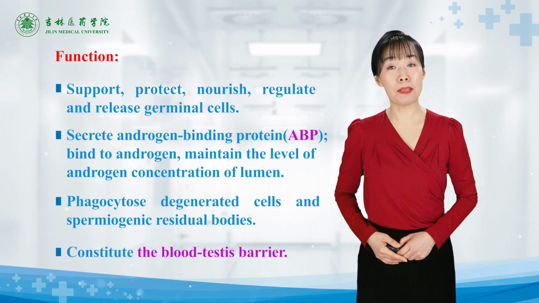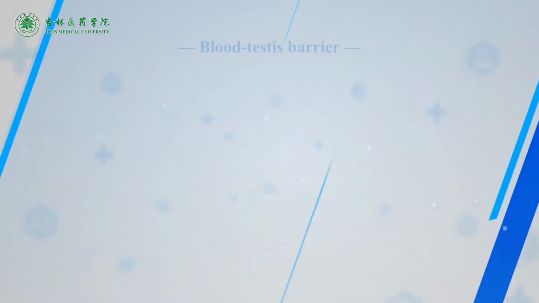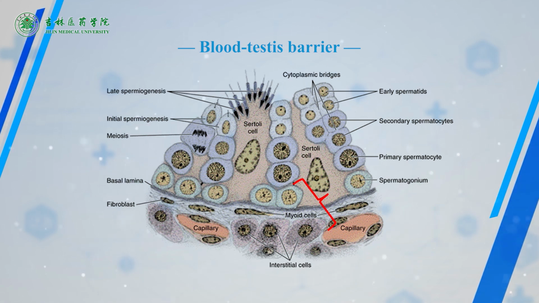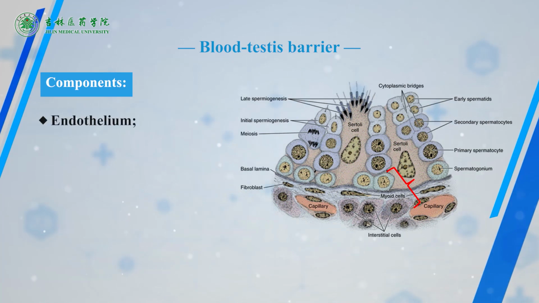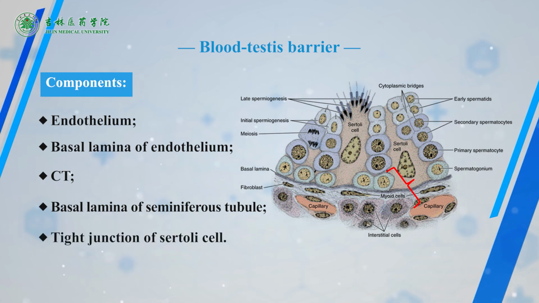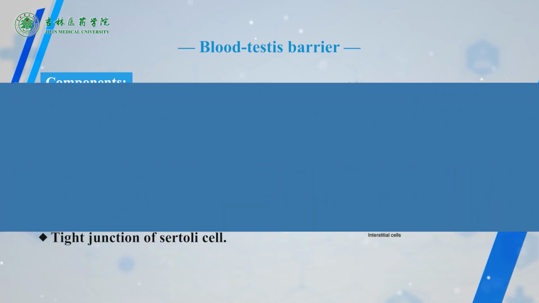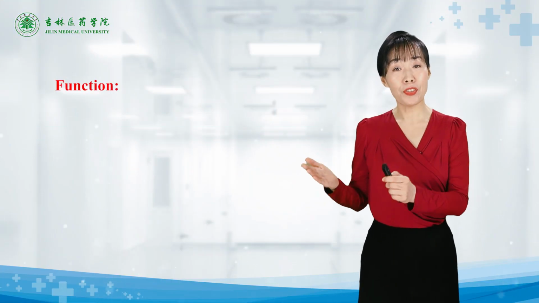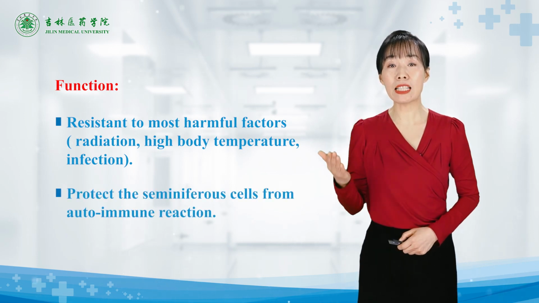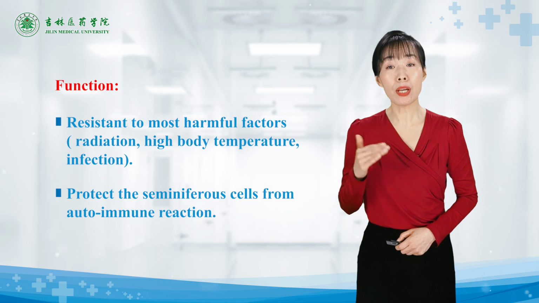Sertoli cells constitute the blood-testis barrier. Blood-testis barrier is between the blood and the interior of the seminiferous tubules, including endothelium, basal lamina of endothelium, connective tissue, basal lamina of seminiferous tubule, and tight junction of Sertoli cells. Blood-testis barrier can be resistant to most harmful factors, protecting the spermatogenic cells from autoimmune reaction.